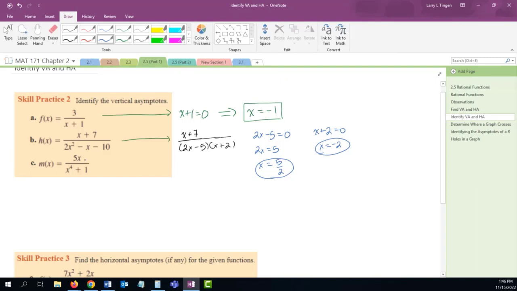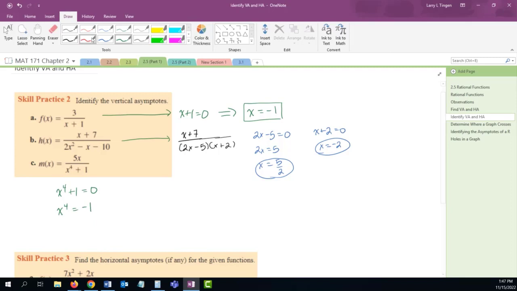5x over x to the 4th plus 1. There's no holes because there's no way 5x and x to the fourth plus 1 have any common factors. So I just need to figure out, are there any values that make the denominator 0?